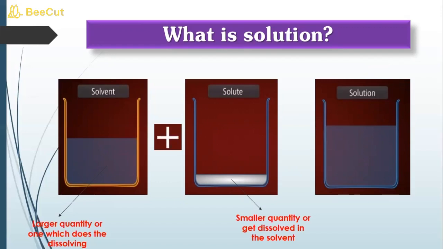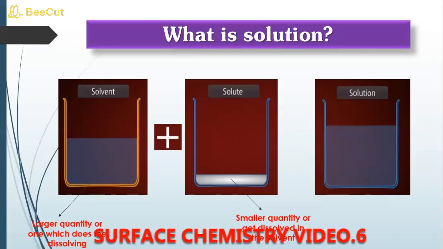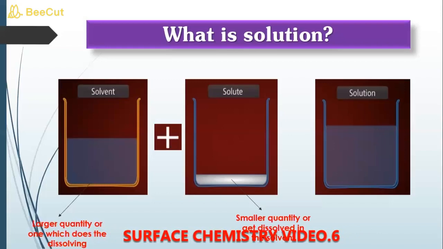For example, if you have a glass of water and you are trying to dissolve 1 tablespoon of sugar, sugar serves the purpose of solute since it is in a smaller quantity, whereas water, which is present in a larger quantity, is going to serve as the solvent.